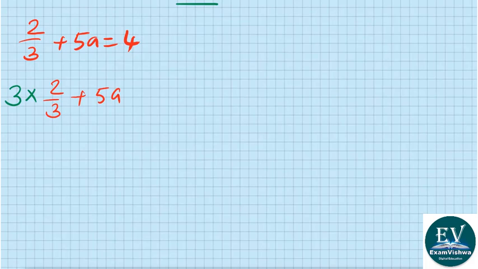So this is not given in bracket. So this 3 must be applicable to both. The whole equation on the left side should be multiplied by 3. ध्यान रखो, ऐसा नहीं कि 2/3 को applicable करेगा, 5a को नहीं. The same way, whole on the right side also must be multiplied with 3. Earlier also we did the same.